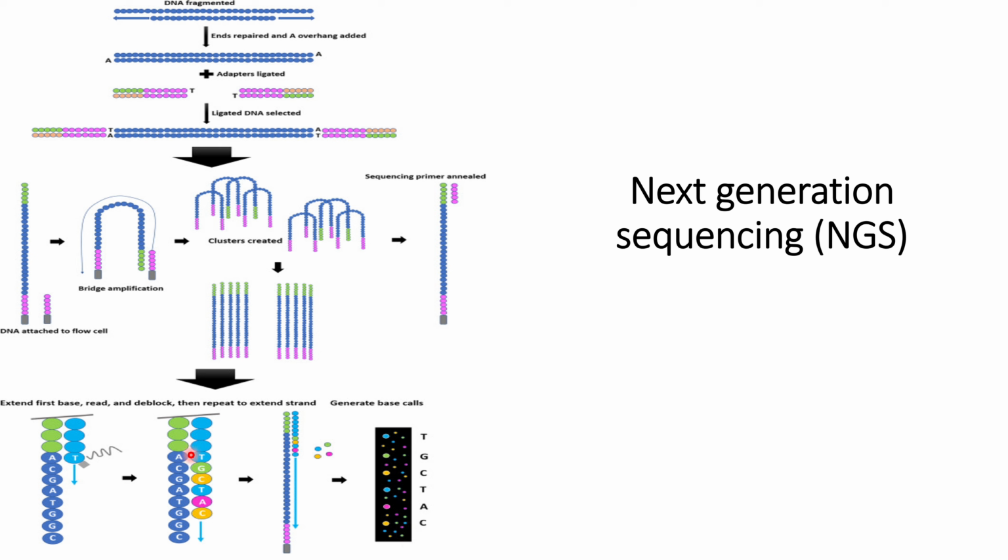The advantage of next generation sequencing is that multiple DNA fragments can be recorded simultaneously, whereas in Sanger sequencing only a single DNA fragment can be sequenced at a time.